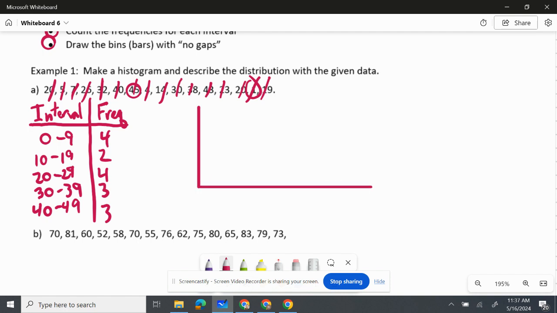And I'm going to start at 0, and I'm going to go by tens. And I'm going to end at 50. Even though 50 isn't here, in order to follow the pattern, I'm going to end with 50. Now when I'm doing my histogram, the 0 through 9 is in the middle, so the 0 is included, the 10 is not included.